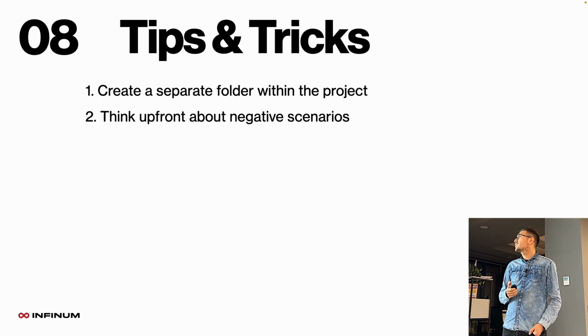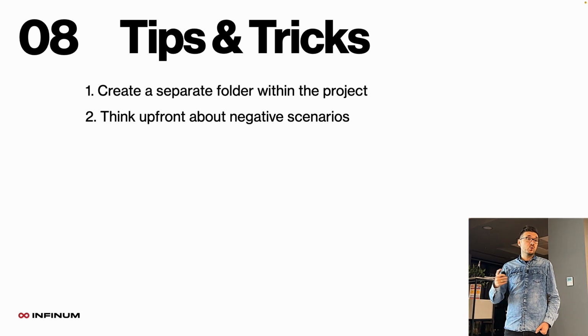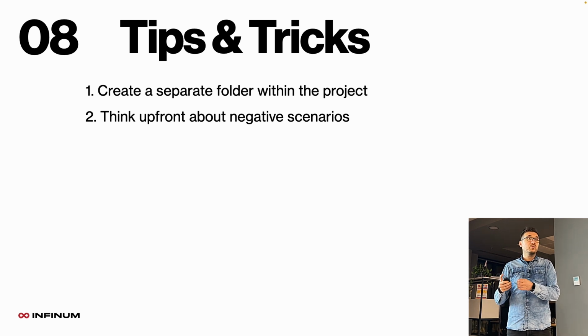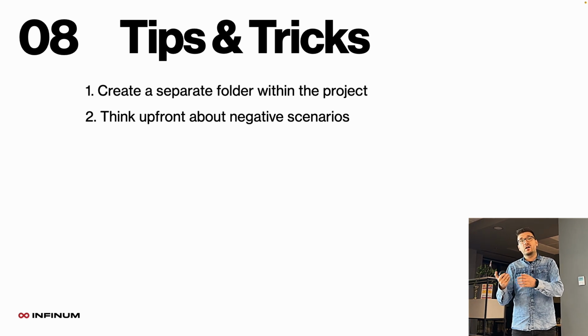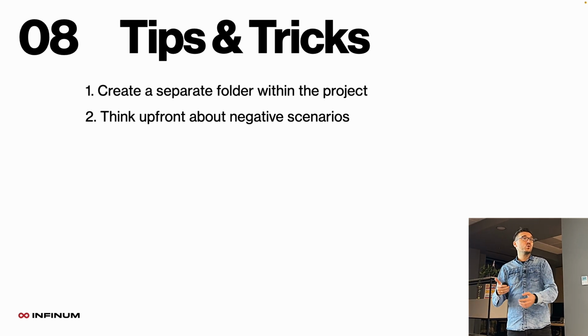The second part is to think upfront about the negative scenarios. Why? This is useful. Not every project manager or product owner will state this as acceptance criteria. Maybe if you have a user story where you can test a login form, we'll have separate acceptance criteria if you enter wrong credentials, an error message should happen, but that doesn't mean that this negative testing should stop there.